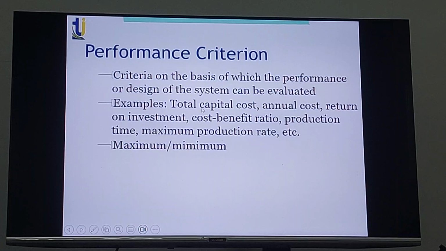Cost, ROI, or time, or production rate. Usually cost you want to minimize, right? But production rate you want to maximize. Time you usually want to minimize. It depends what the goal is. You need to ask your manager, what is your goal, what is the target by this batch size. Okay, make sure of that.